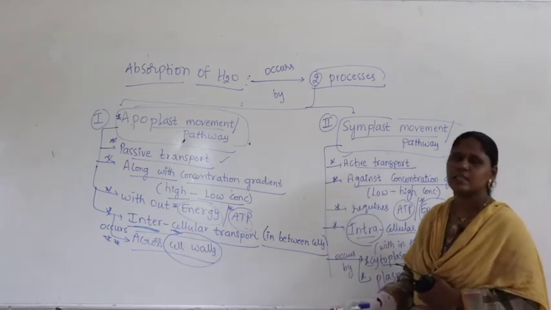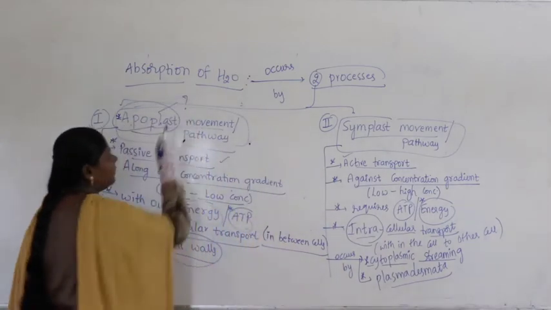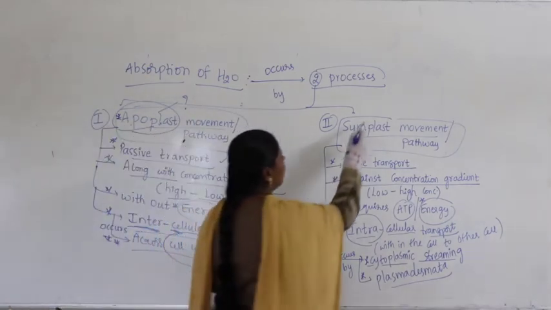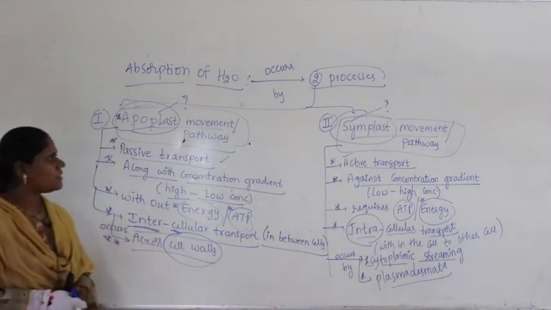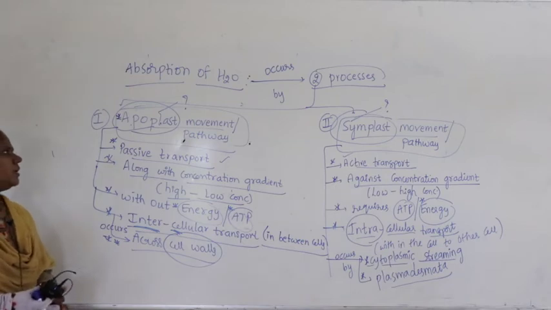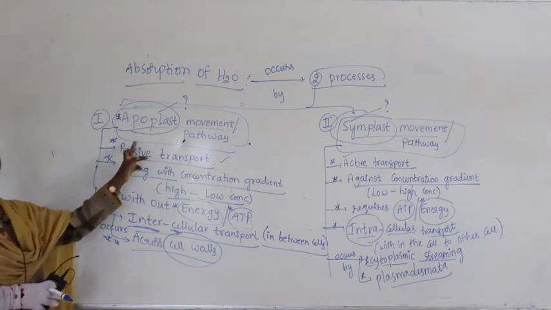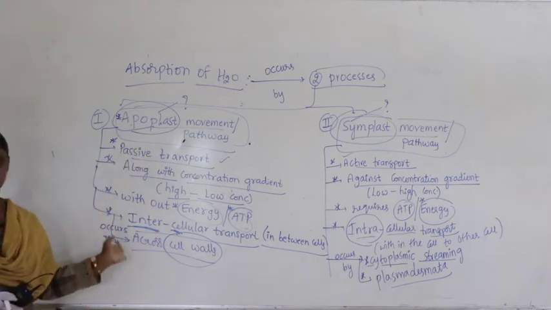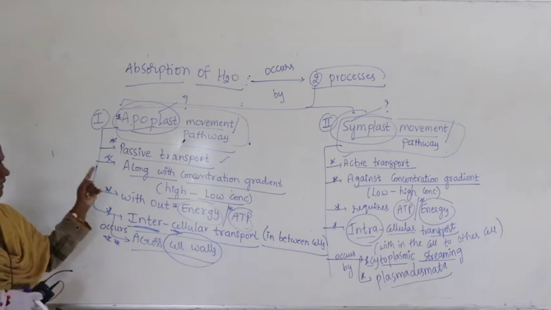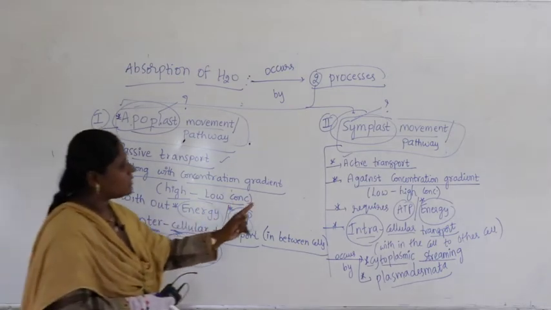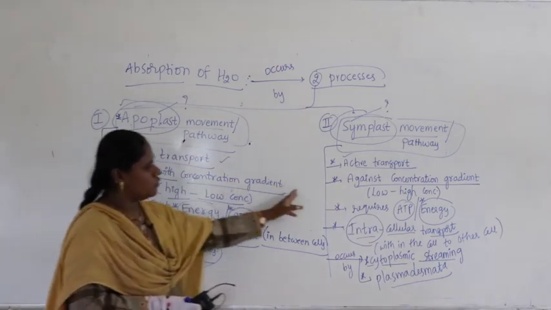Now, what you need to understand here is the apoplast movement and where the symplastic movement will take place. That is the major difference we need to study. One we consider as passive transport, the other as active transport. Rest all parameters you know very well.